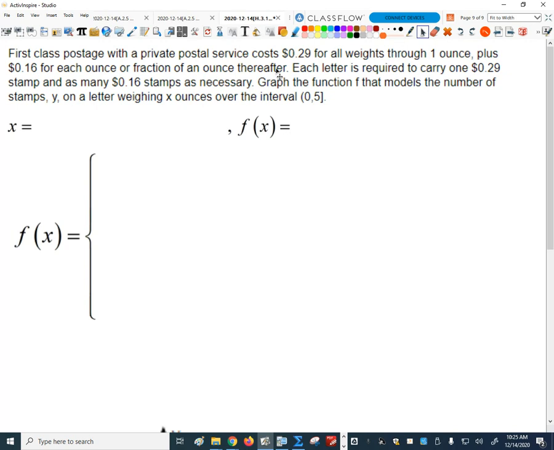Right? So you got one 29-cent stamp for the 1 ounce, and if you go over that even slightly, you've got to jump up to another stamp. It's only a 16-cent stamp, but you have to add a second stamp. Okay, what if your letter weighs 2 ounces? How many stamps do you need? You need 2. What if it weighs 2.01 ounces? How many do you need?